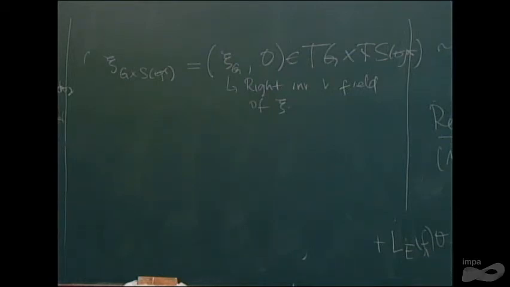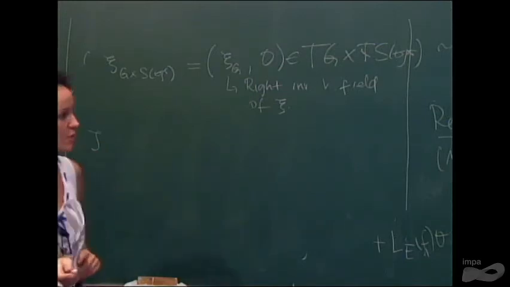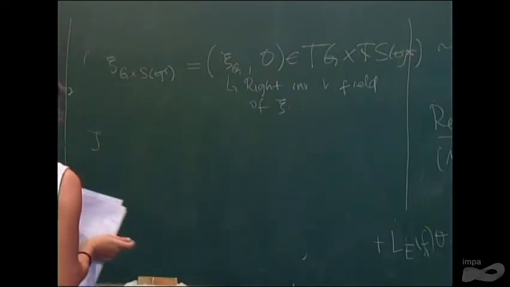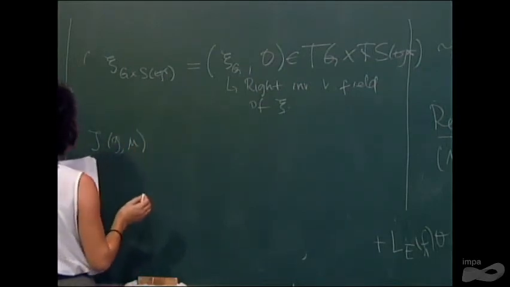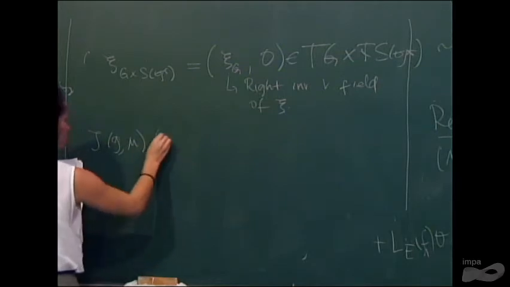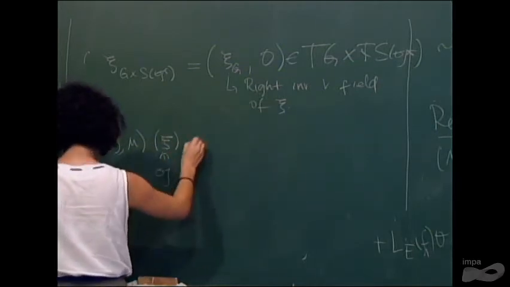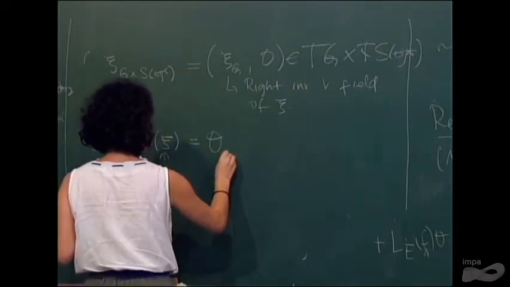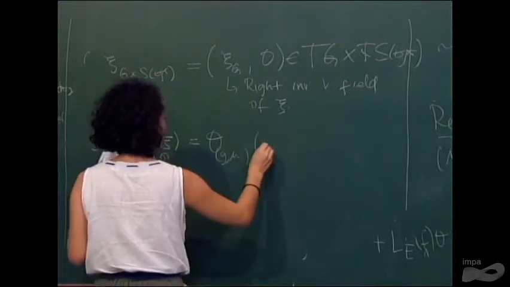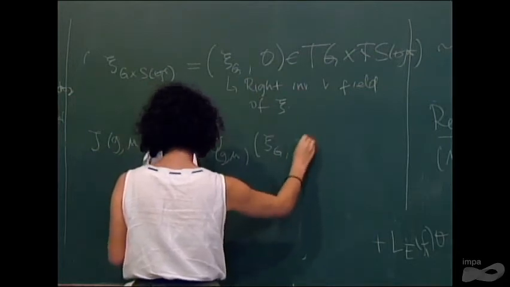Let's do one computation. So J at a point of G times the sphere, so g times mu, you apply it to this vector, which is an element of my Lie algebra. So this is only theta at this point applied to the right invariant vector field times 0.